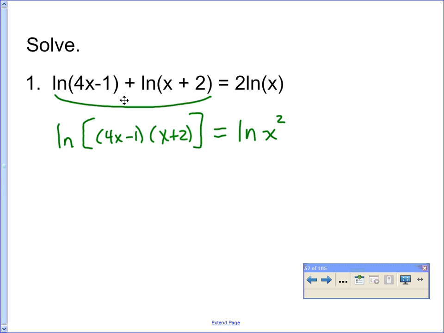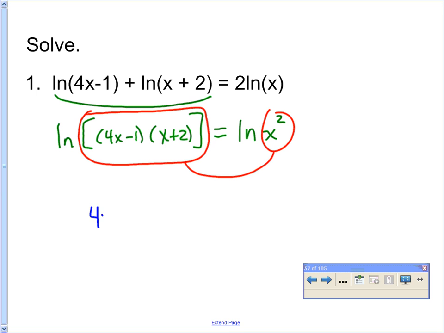Now that I have the natural log, I've got an equation here, and on each side I have a single logarithm. So what that means is if I'm taking the log of something and it's equal to the log of something else, then that means that these two have to be equal. So 4x minus 1 times x plus 2 is equal to x squared.